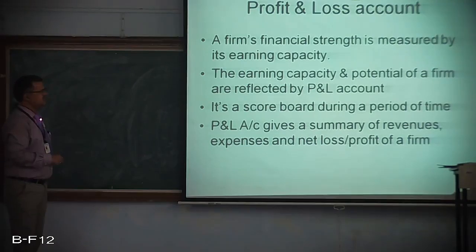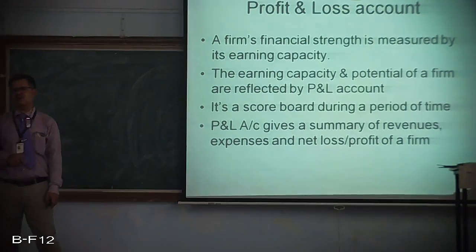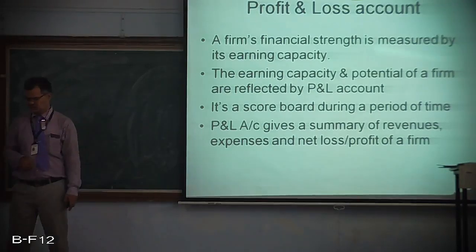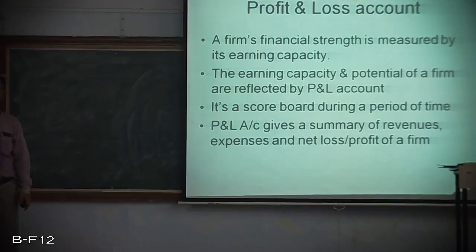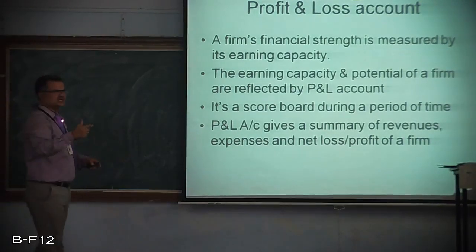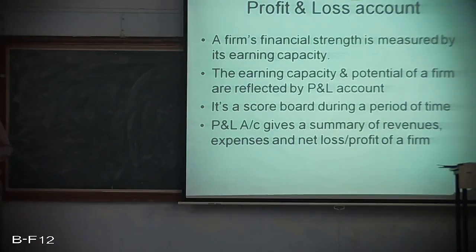The P&L account gives a summary of revenues, expenses, and the net loss or profit of the firm. So it's very important. Normally they calculate how much revenue is expected from the sale of goods, or sometimes they dispose of old machinery, which is called scrap value or resale value.